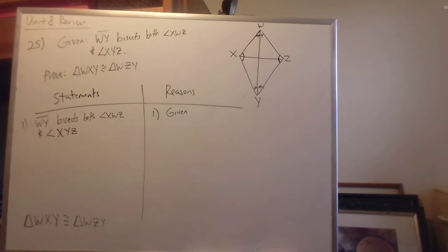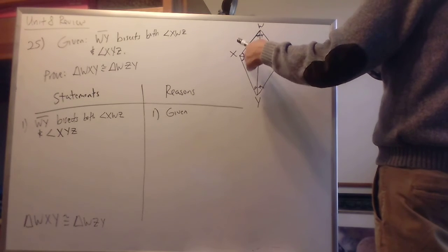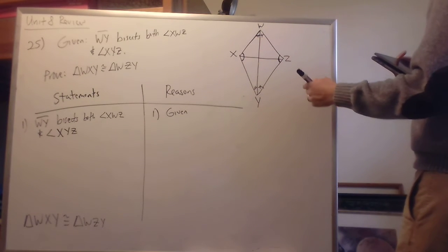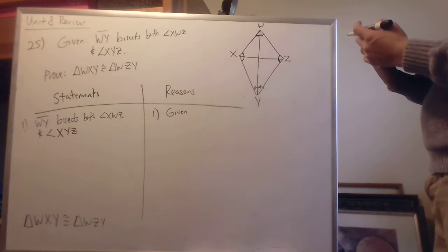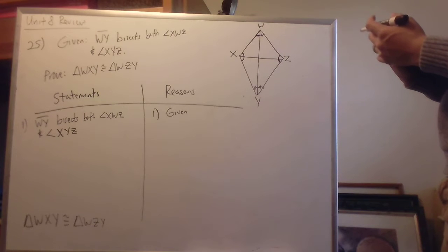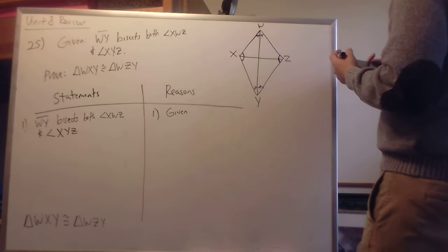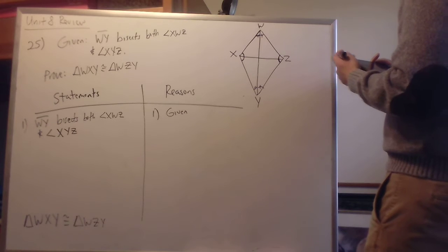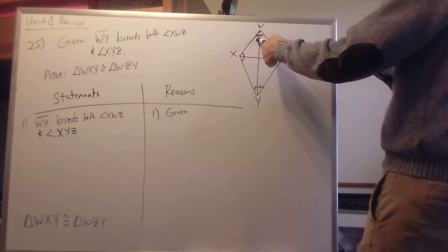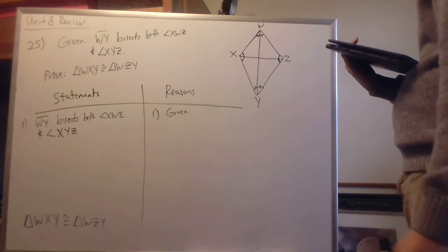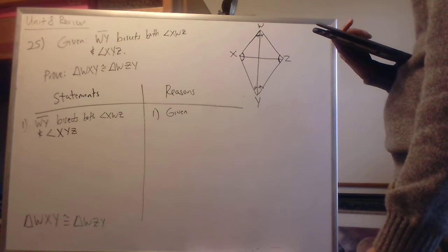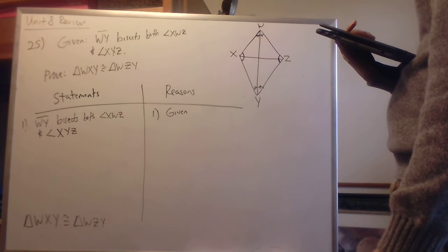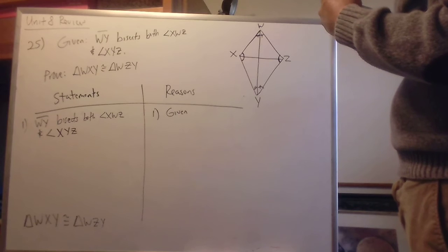And now it wants us to prove that triangle WXY is congruent to WZY. So essentially, we know that we have an angle, an angle, and an angle. So it's already been proven that through angle, angle, angle, those two triangles are congruent.